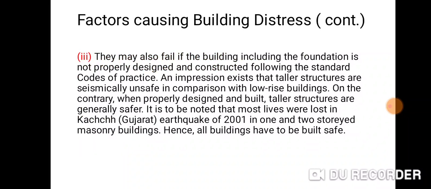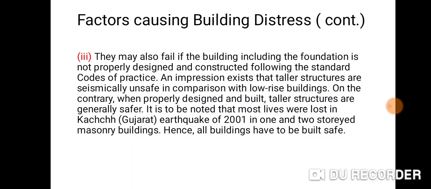They may also fail if the building, including the foundation, is not properly designed and constructed following the standard code of practice. The impression exists that taller structures are seismically unsafe in comparison with low rise buildings.